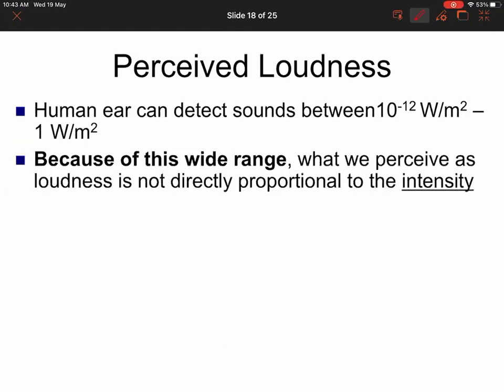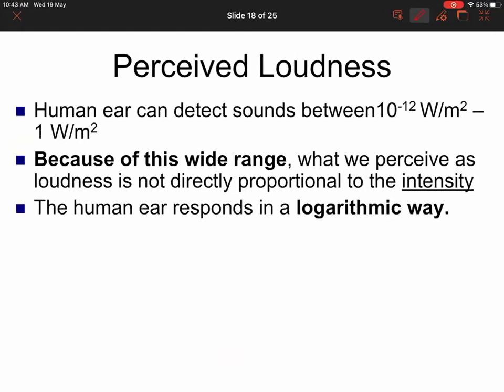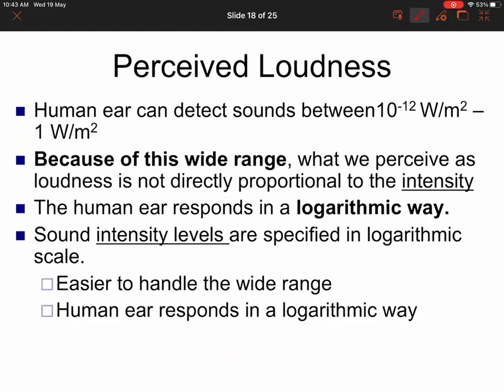Because of this wide range, we perceive loudness in a logarithmic way. And so it's easier to deal with decibels, which is the logarithmic way of expressing intensity. The decibel intensity is what we call intensity levels.